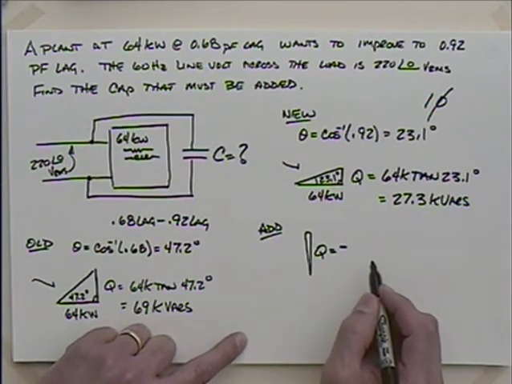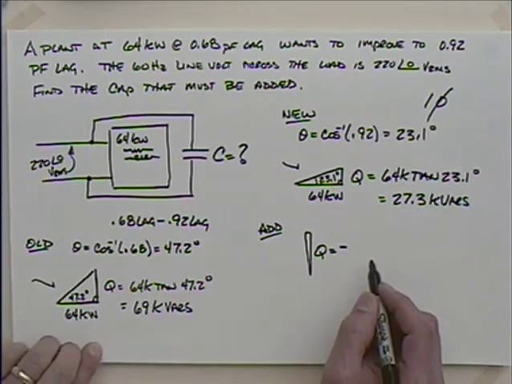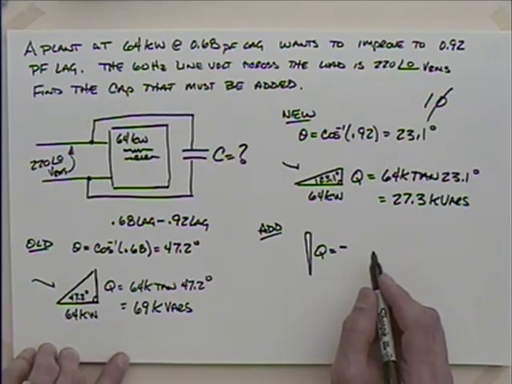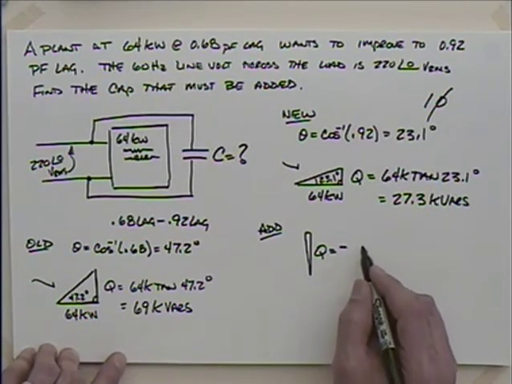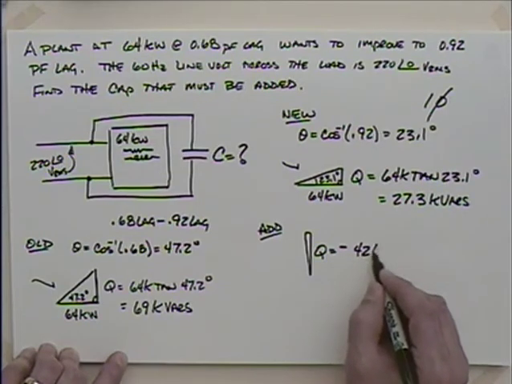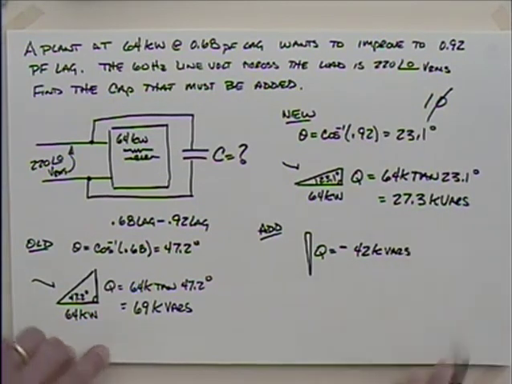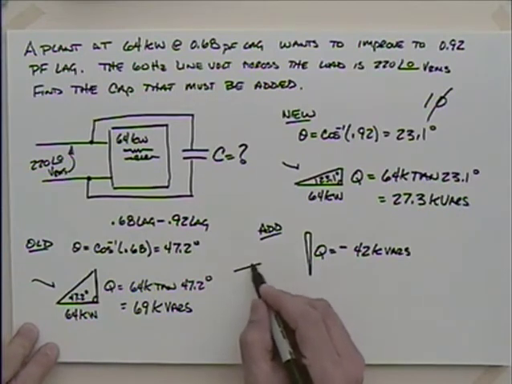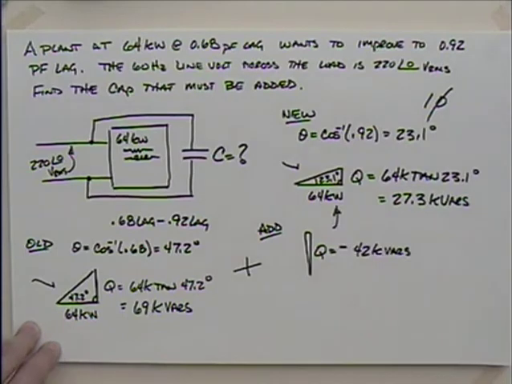The difference between that, right? 69 less 27.3, which is what, about 42? Yeah, we'll just call it 42. Is that right? Yeah. Okay. So if I add this to that, I should get that. So that's the number I'm looking for.